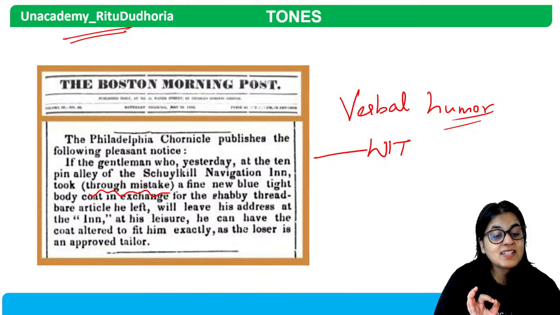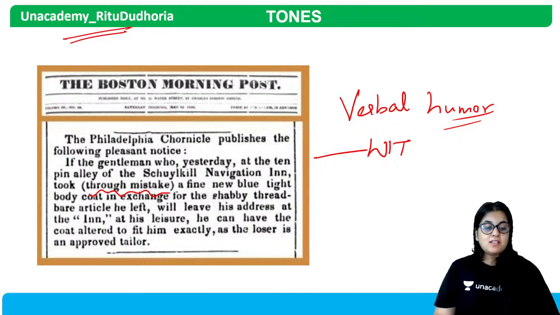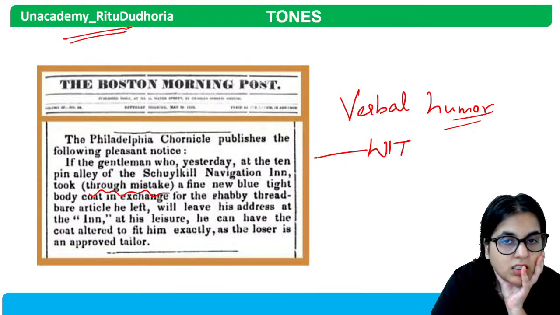Leave the address at his leisure. The loser is an approved tailor. The way it's clearly verbal humor. It's wit, cheeky one-liners which create a very funny or an amusing effect. Got it? Did you understand this? So this is clearly the tone over here is wit.